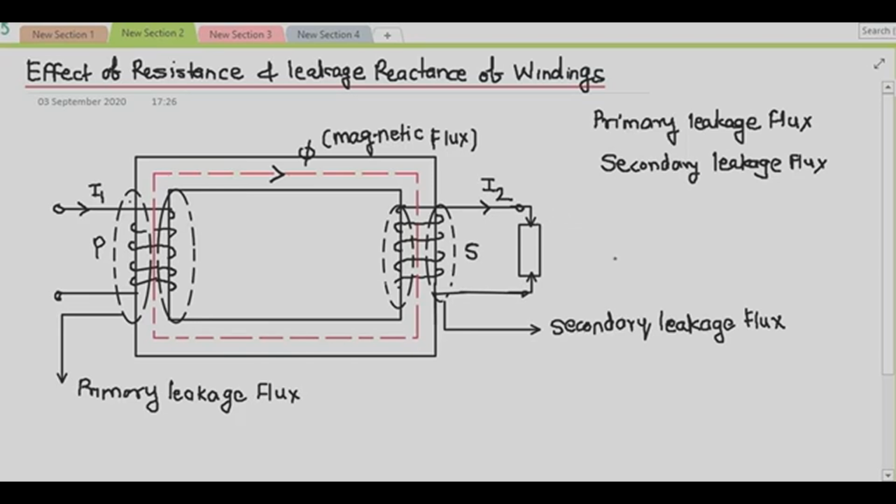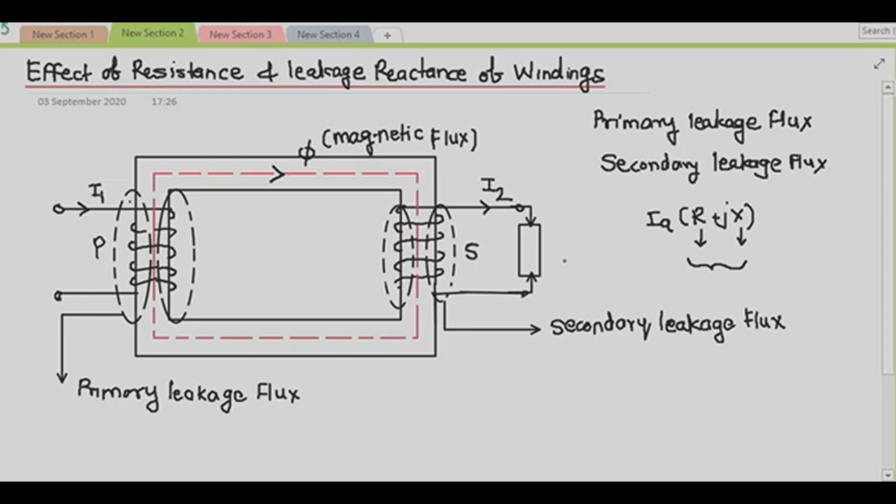So students, the combined voltage drop is due to R and X. R is the resistance of that winding and X is the leakage reactance of this winding. So your terminal voltage will drop down.